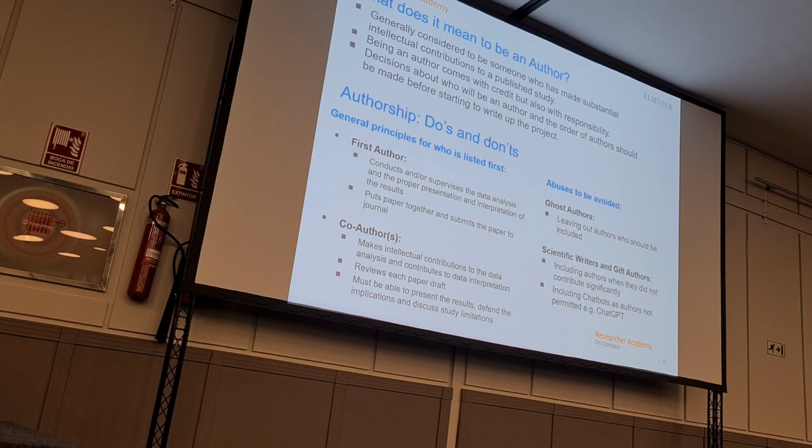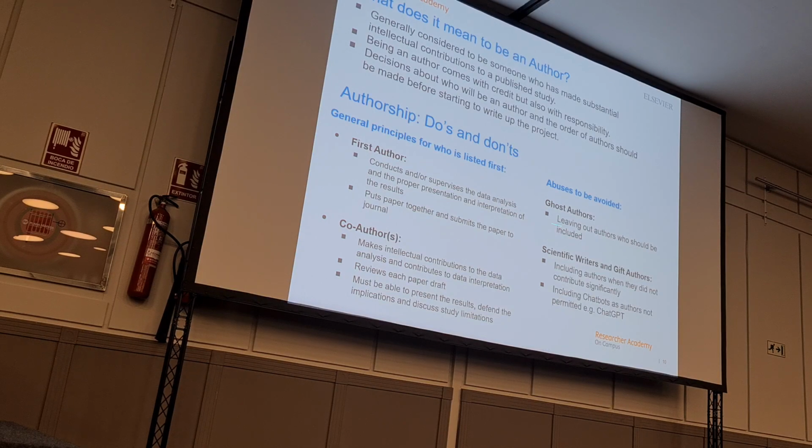And then the other co-authors on the paper are all people who have made intellectual contributions to the data analysis and have contributed to the data interpretation. Each co-author needs to review each paper draft, and they must be able to actually present the results and defend the paper. Their names are on it, and of course they all need to agree that they are authors of the paper before you submit it.